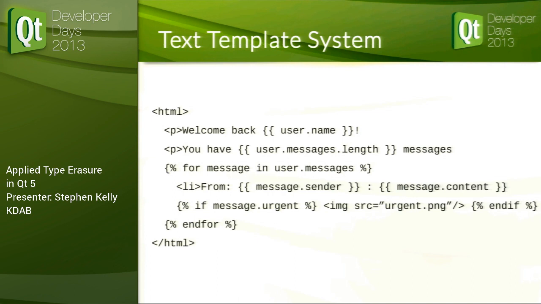And then I'm displaying some things from the message inside of HTML list items. So this is sort of the goal that we want to achieve using the Qt built-in type erasure facilities. If you are a third party, you want to create something like this, I'm going to show you how to do that and what API to use.